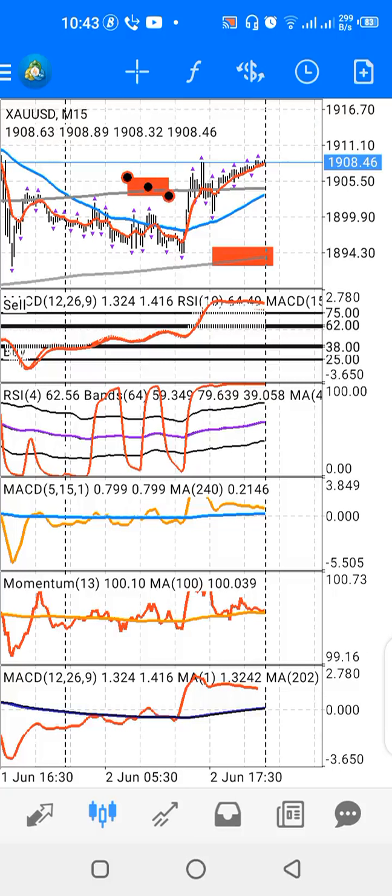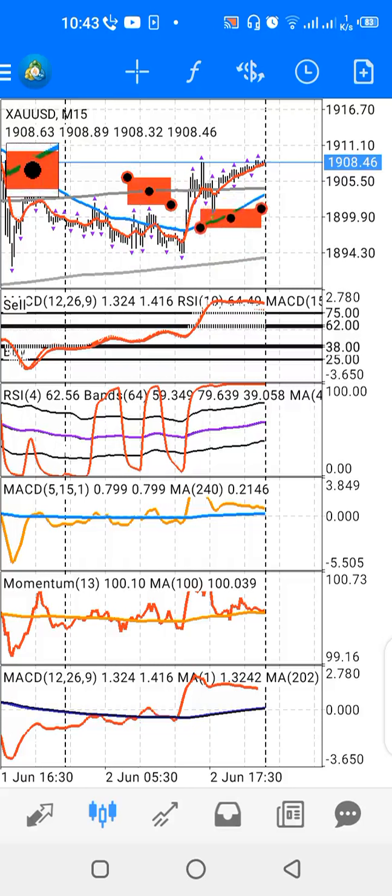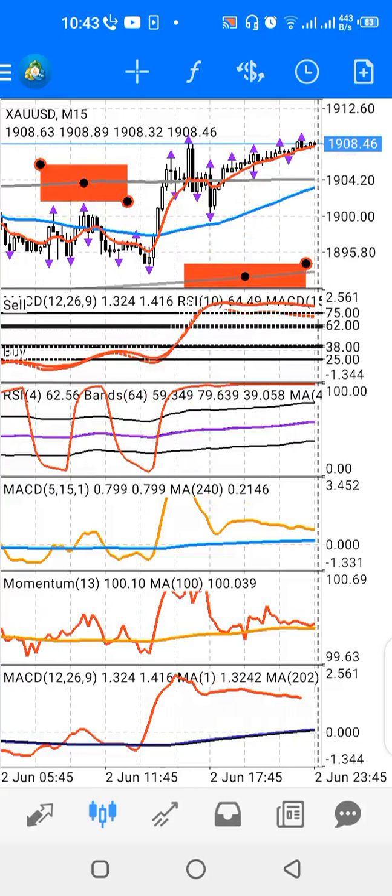Gray line. So if the red line is above all the lines, I'm talking about this gray line, and then the blue line, if the red line is above, then we are in a bullish trend, and you can always look for buy opportunities.